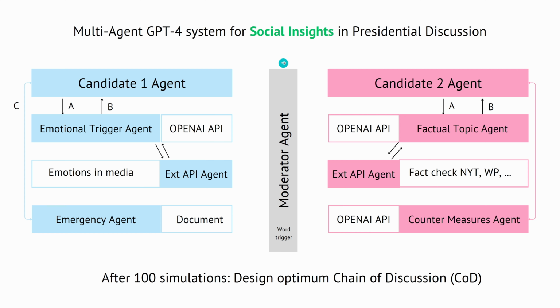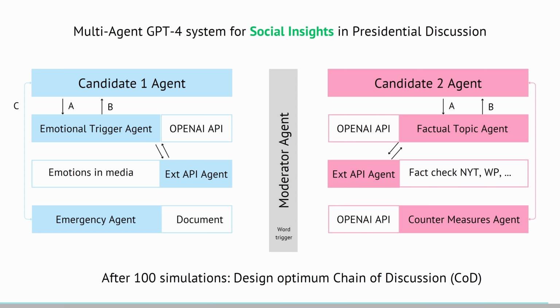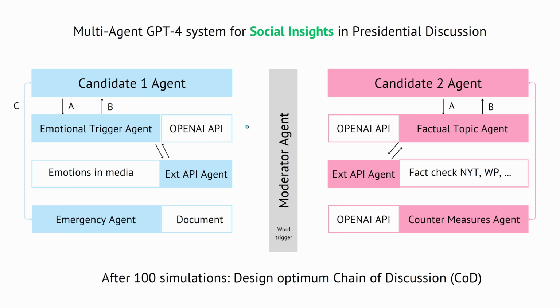After 100 simulations, you know what is the optimum chain of discussion. If you get an emotional argument, how to counter this. If you get a factual argument, how to address certain emotion in your audience. So this is of real importance to the real world in the upcoming near future for a lot of nations, for a lot of countries on this planet.